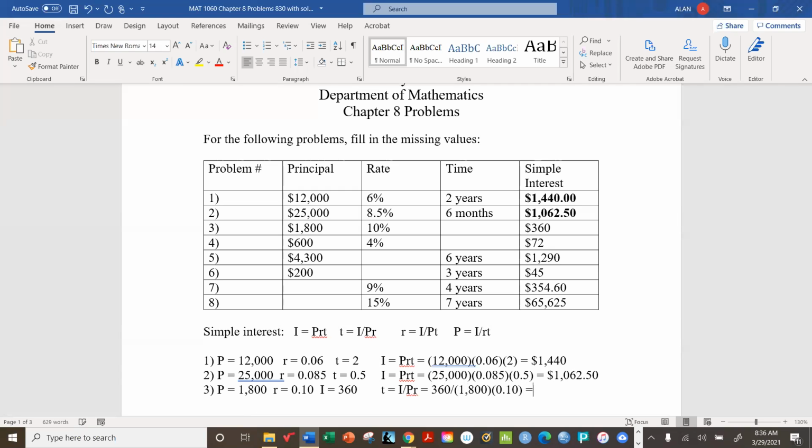Now, for this one, you want to make sure that you use the parentheses on your calculator. So let me write it like this. Just remind yourselves that when you do this on the calculator, the denominator has to be contained within parentheses. Otherwise, you'll get the wrong answer. And that gives me an answer of 2 years, okay? Because that's 360 over 1,800, or 180 rather, which is 2 years. Okay, so let me fill in the box. So that means that the time frame was 2 years.